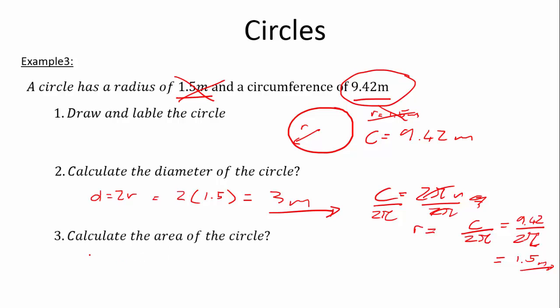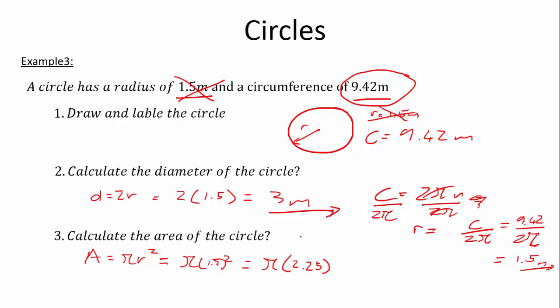Calculate the area of the circle. Area is equal to pi r squared. What is r? r is 1.5. So we go pi times 1.5 squared. What is 1.5 squared? We know that 15 squared, which is one of our common squares, is 225. And we've got 2 decimals there, so it is equal to 2.25.